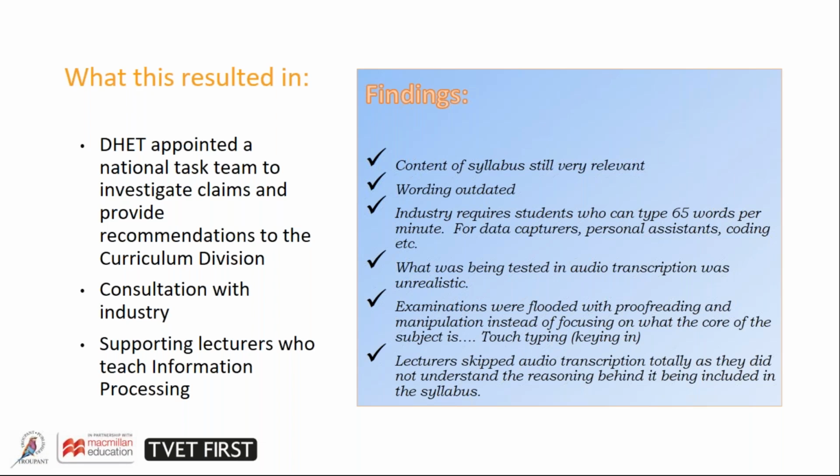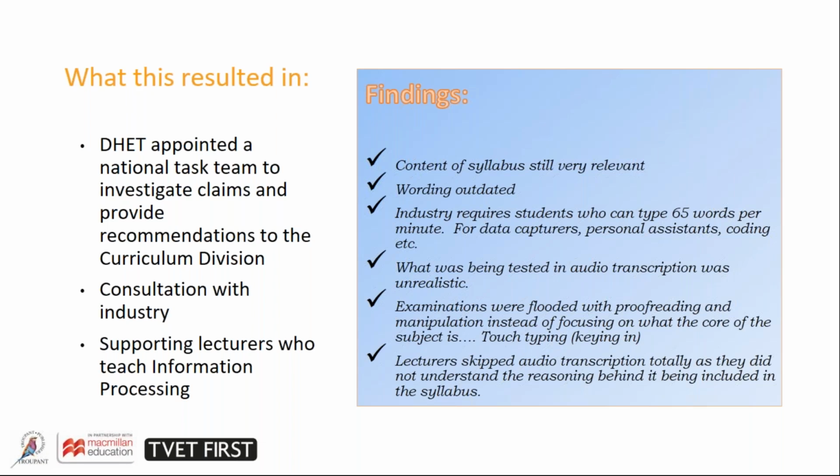The industry, specifically the Chartered Accountants of South Africa and some of the business and entrepreneurial business forums, said to us that they require people who can type 65 words per minute. They specifically mentioned not only personal assistants, but this counts for data capturers, personal assistants, and for coding.